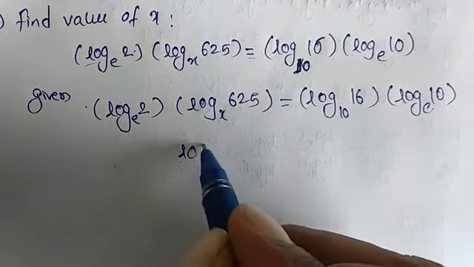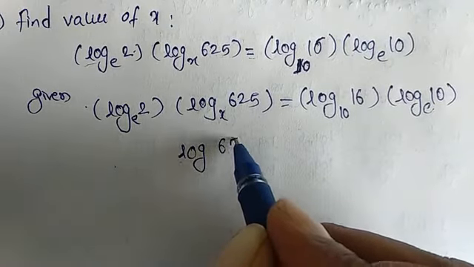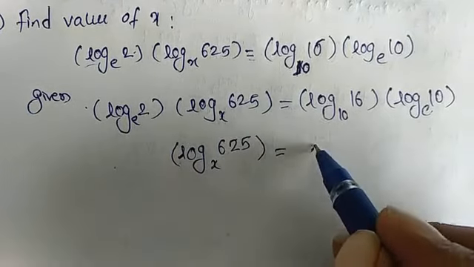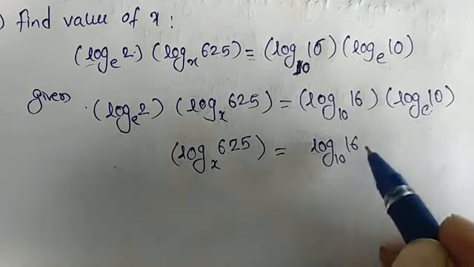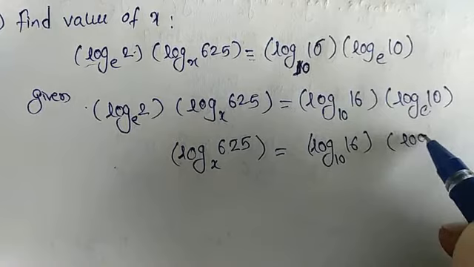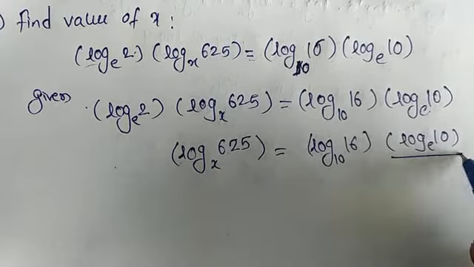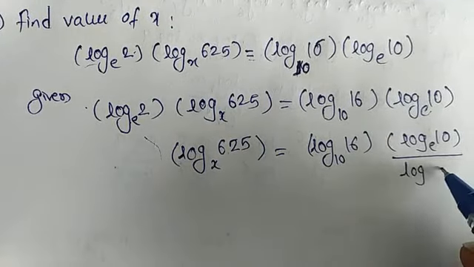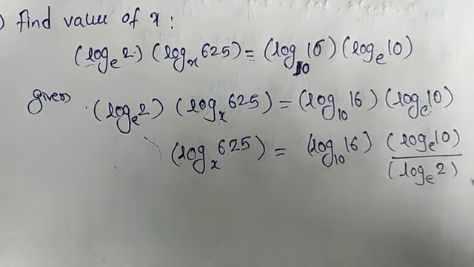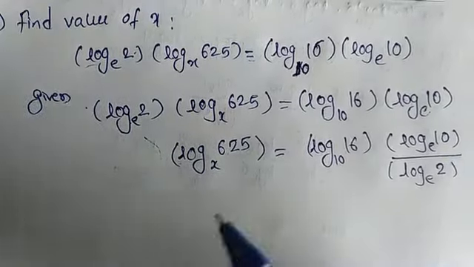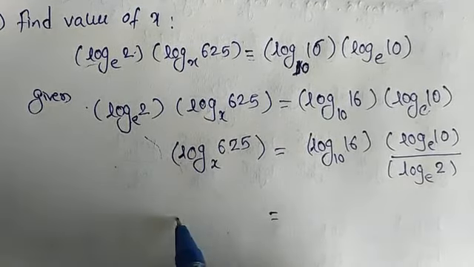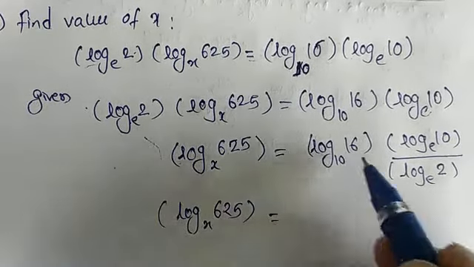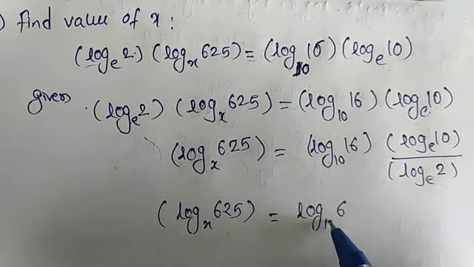So on LHS it will be log of 625 to the base x is equal to RHS, which will be log 16 to the base 10 into log of 10 to the base e upon log of 2 to the base e. Now LHS will be as it is, 625 to the base x, and here it is log of 16 to the base 10.